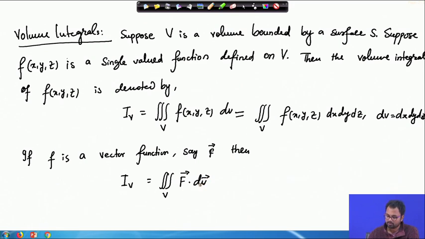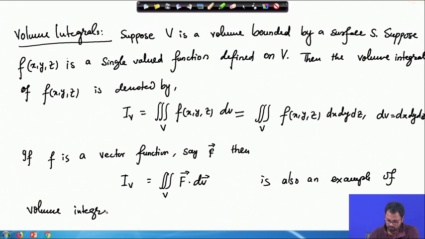Capital F is a vector function, so when we are doing the volume integral, we take the vector dV. This is also an example of a volume integral. That is how we write the volume integral.